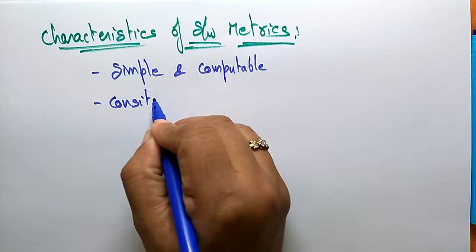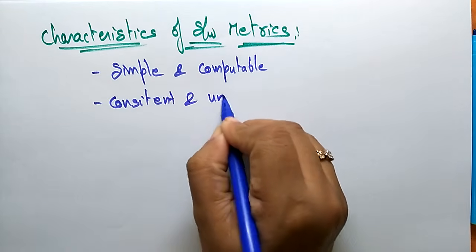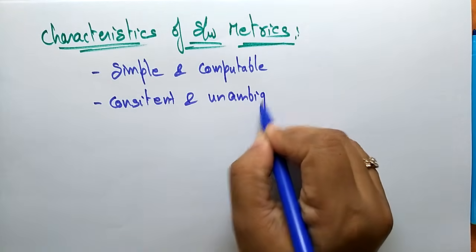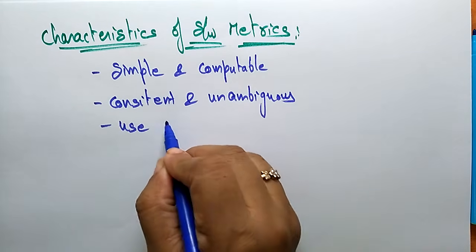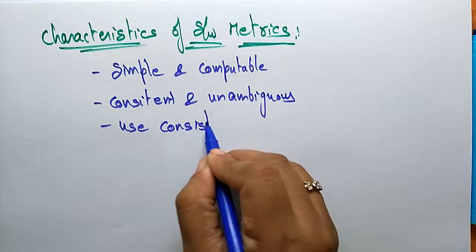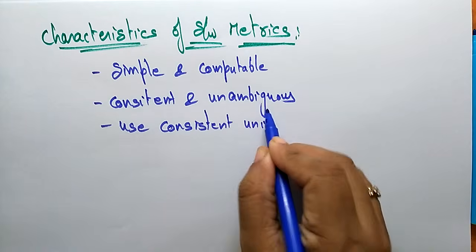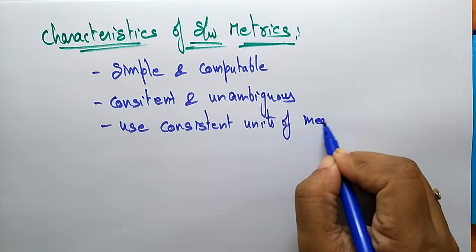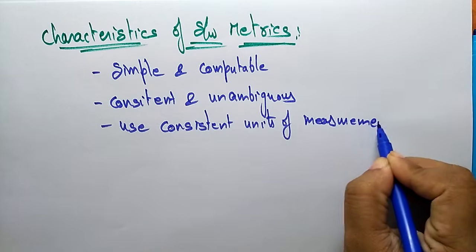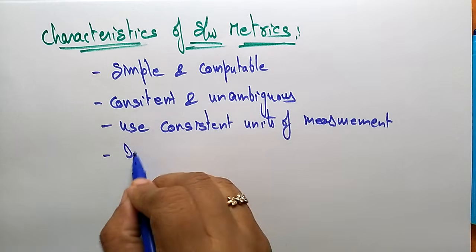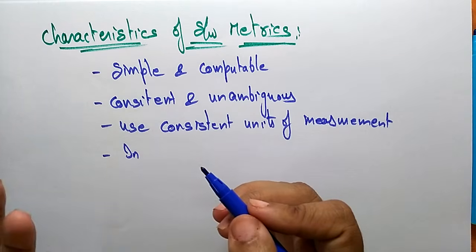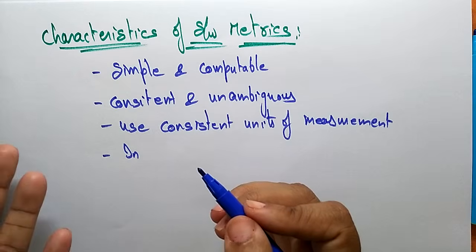Consistent and unambiguous. Another characteristic: it uses consistent units of measurement, and it is independent of programming language. For any type of programming language you can calculate the software metrics.